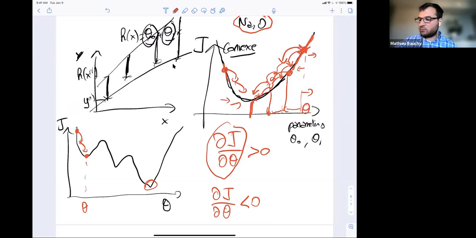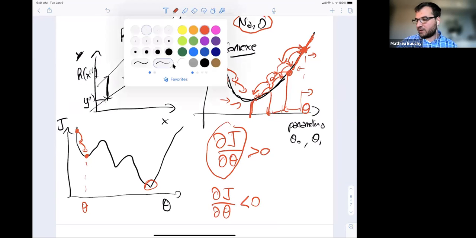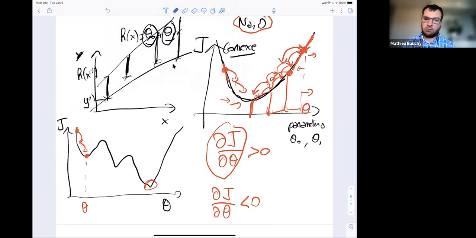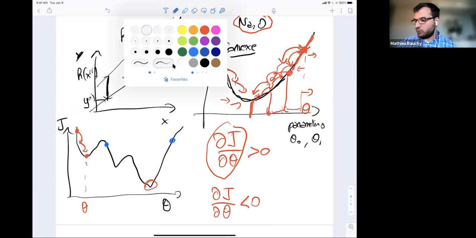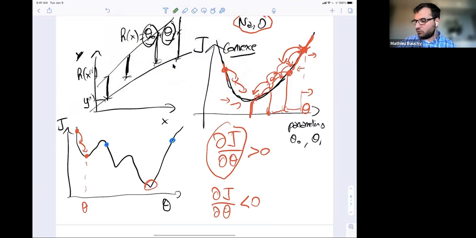So the one thing that you can try in that case is to retrain your model several times by selecting various initial values for the parameter. You retrain your model, try another starting point for the initial value of the parameter, then try a third time, and do the same minimization several times.